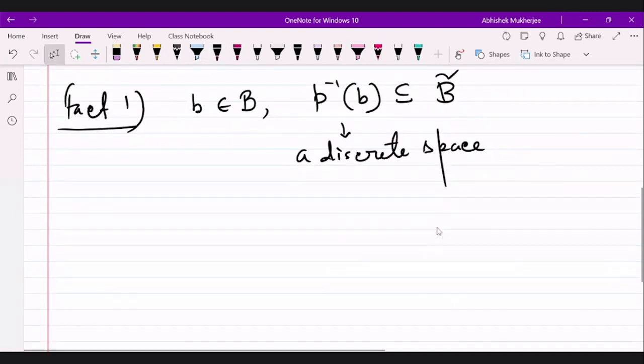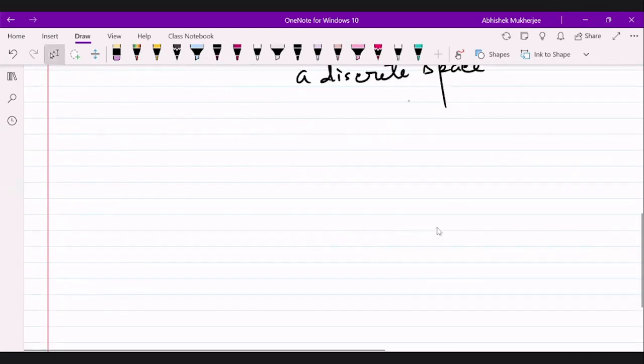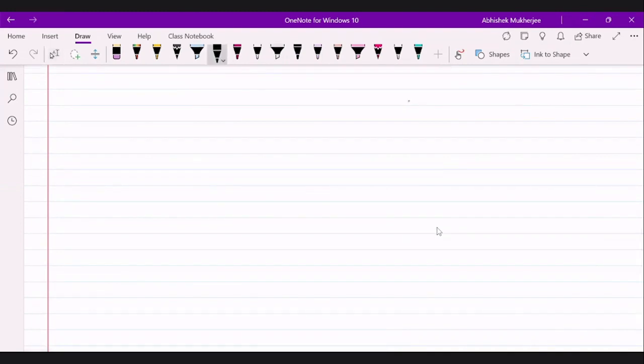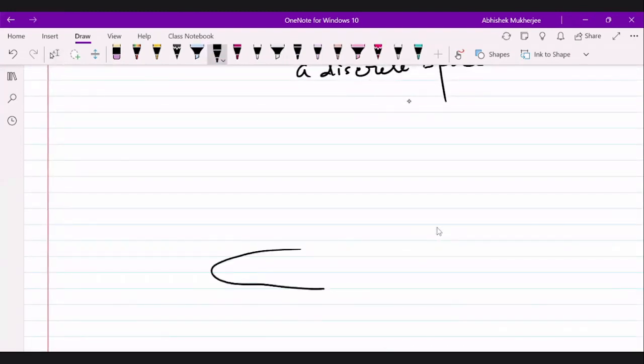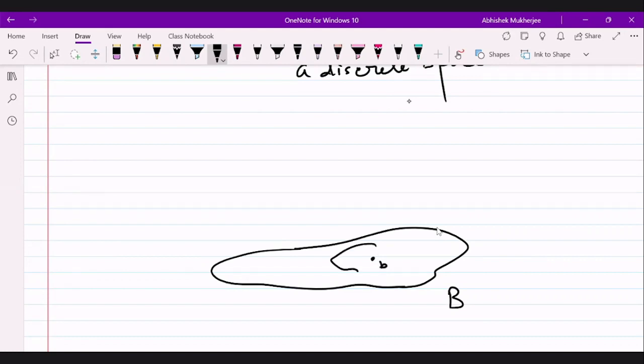Why is it so? Because if you look at this diagram, suppose this is your B, and let us take any point small b here, and it has a neighborhood U.